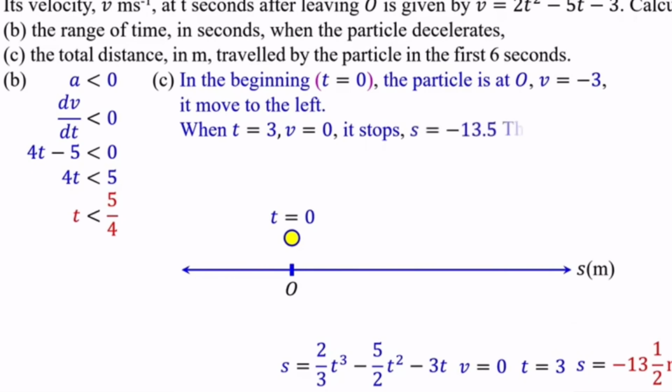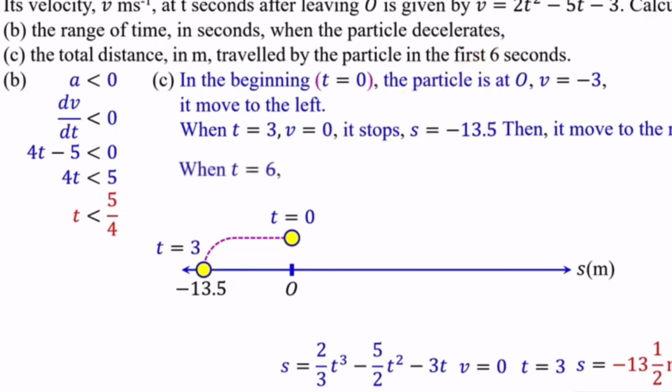So when t equal to 3, the particle is heading to the left, and of course the displacement will be negative 13.5 meters, right? It means it is at the left of the fixed point O. And when t equal to 3, the particle stops because the velocity is 0.